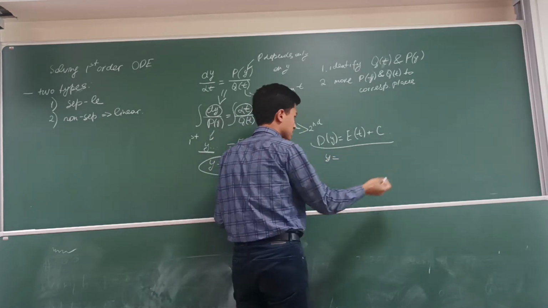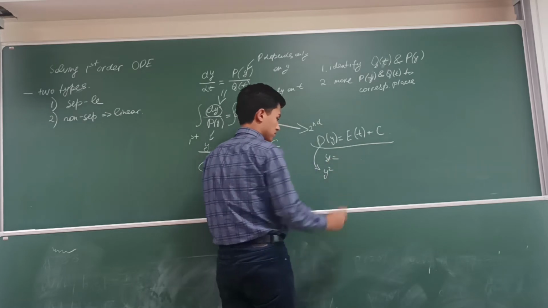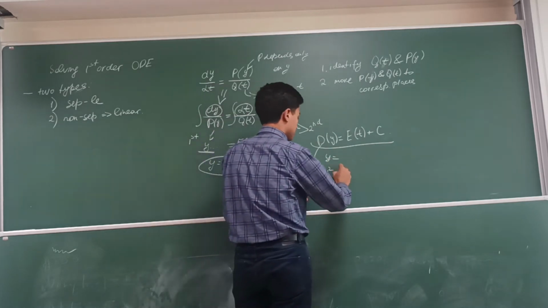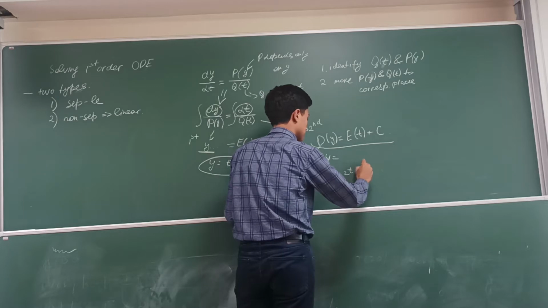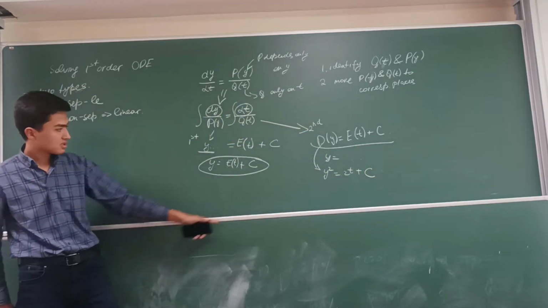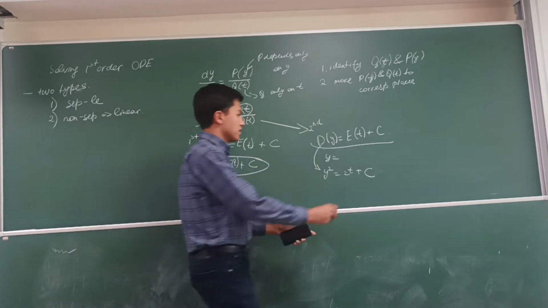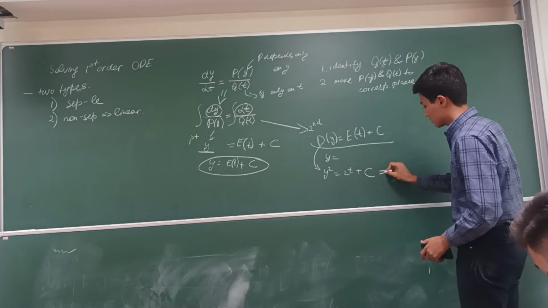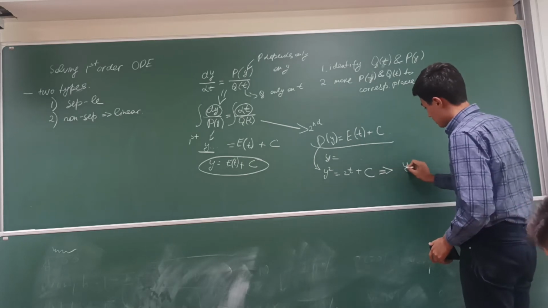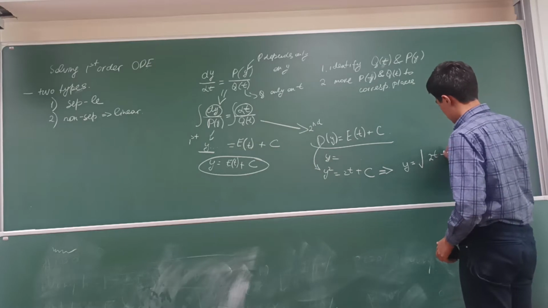For example, let's say y dy, that is y y prime, equals e^t, and the solution is, for example, y squared over 2 equals 2t plus c. This is not an explicit solution because it is not just y. This is an implicit solution. If you are asked to find the explicit solution, it's pretty easy: y equals the square root of 2t plus c.